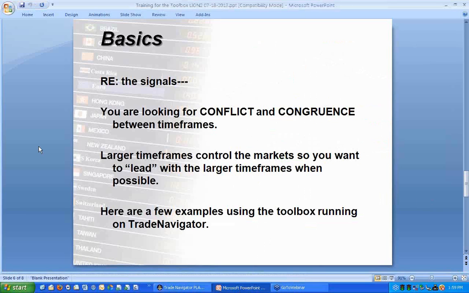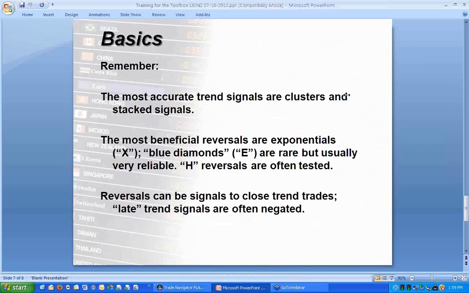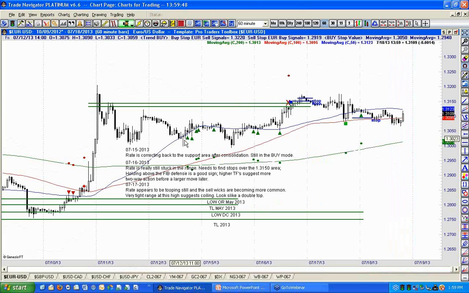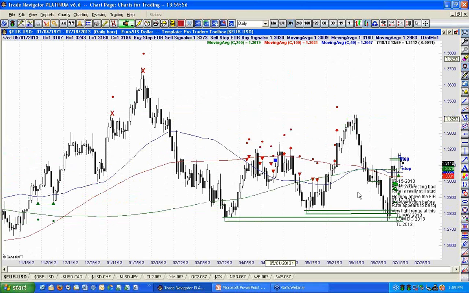Okay, so bottom line. Here are some basics you always want to remember about using the toolbox. The most accurate trend signals are clusters and stacked signals. Now, I think I showed you that real quick here. This is a cluster, right? And a stacked signal, where do we see a stacked? On the daily I saw a stacked.